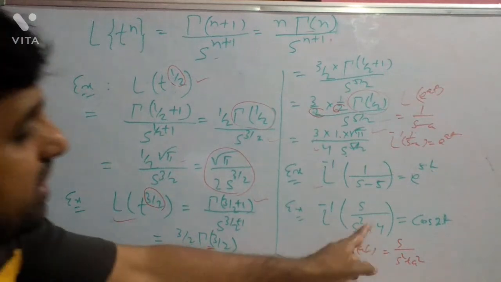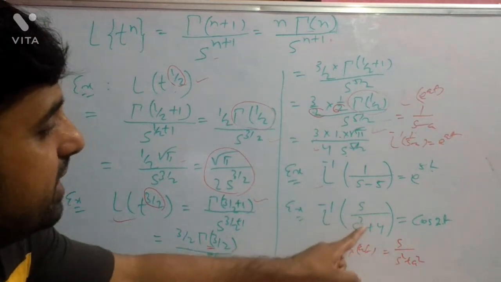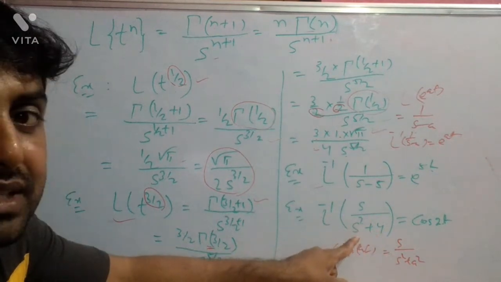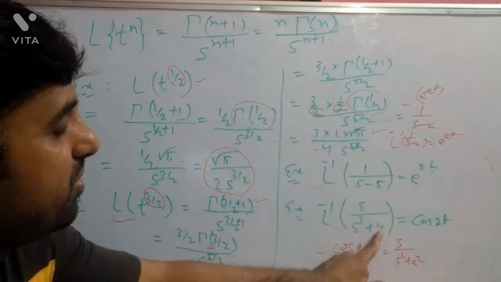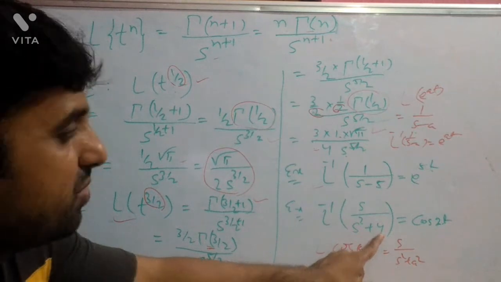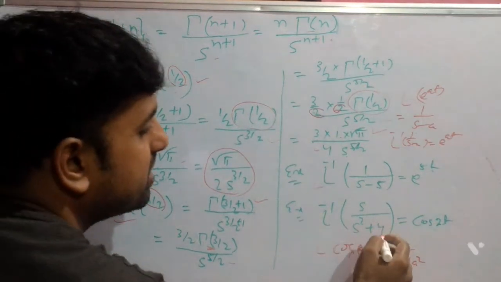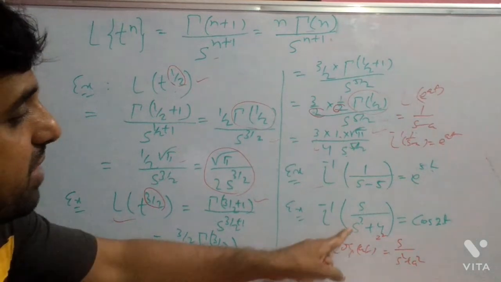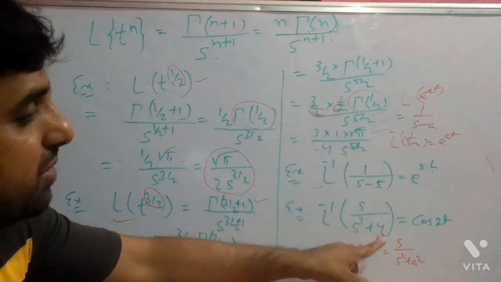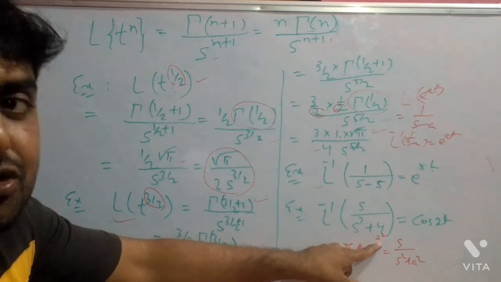Now if you compare with this formula, s by s square plus 4, a square equals 4, so a is equal to 2. You can write this 4 as 2 square, so s square plus 2 square, and a is 2.